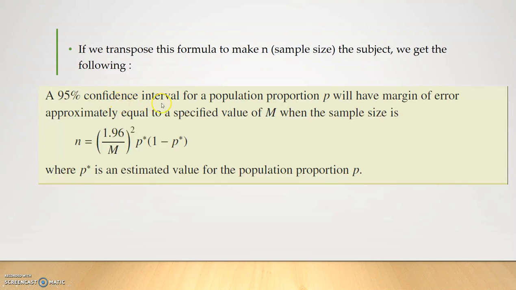If we have a 95% confidence interval for a population proportion P, it will have a margin of error approximately equal to a specified value of m when the sample size is calculated using this formula. So the sample size will be equal to 1.96 divided by the margin of error, the whole thing squared, times the estimated sample proportion times 1 minus the estimated sample proportion.